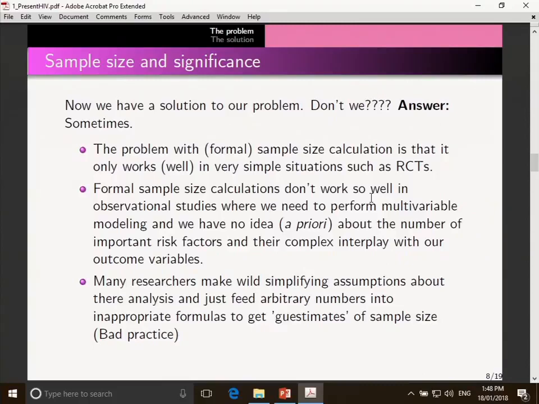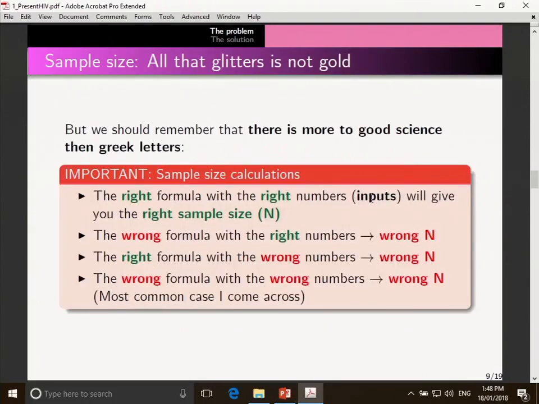And I'm going to say something that should be quite obvious, but isn't. Sample size formulas. We have to remember, there is more to good science than Greek letters. The right sample size formula with the right numbers will give us the appropriate sample size.